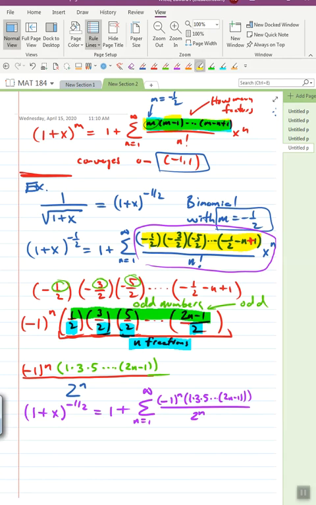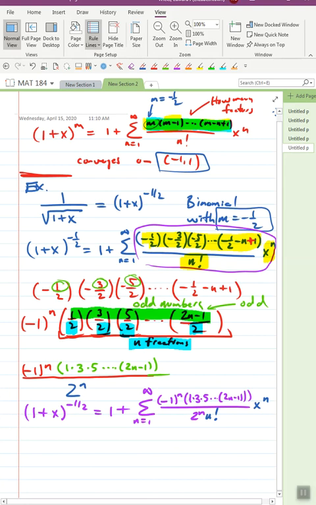Don't forget the n factorial, and don't forget the x to the n. And there is our binomial series for 1 plus x to the negative 1/2.